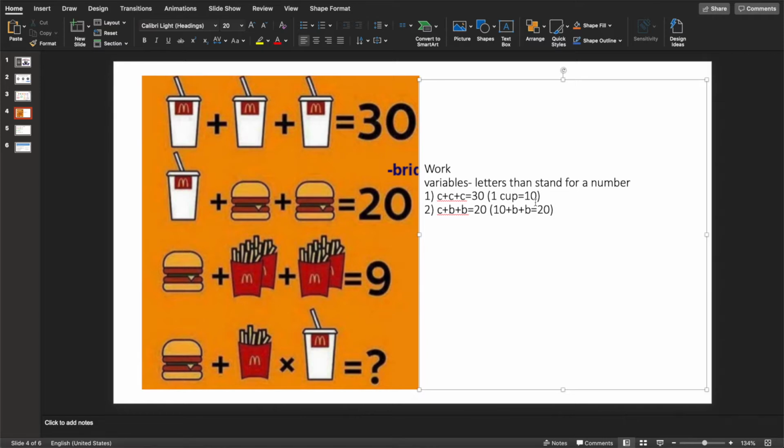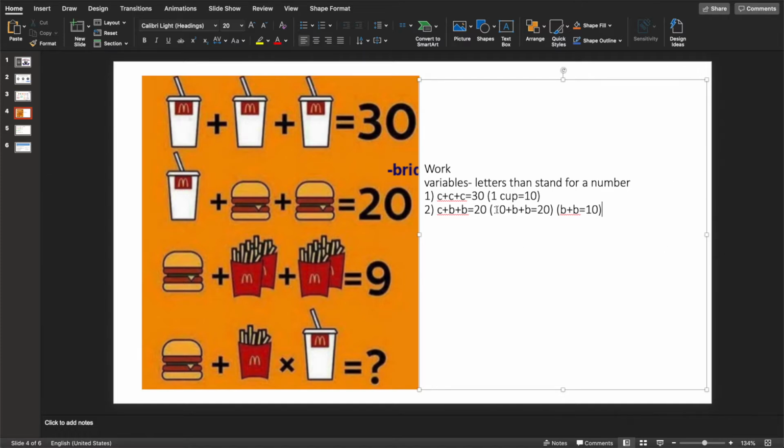If 10 of that 20 is already taken up by this 10, then that leaves me with B plus B equals 10.